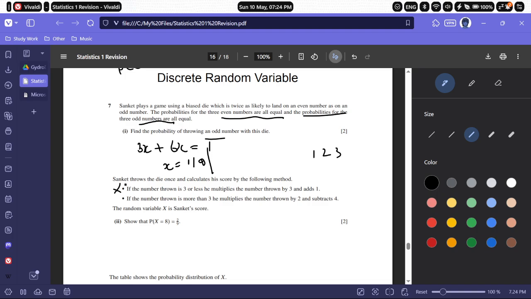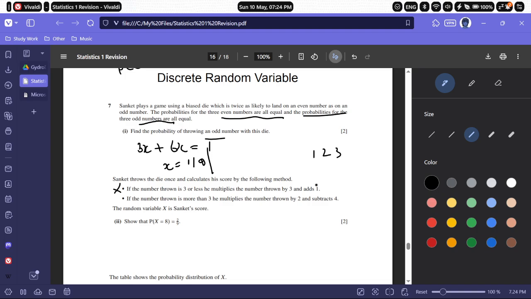Now, if the number thrown is more than 3, he multiplies the number thrown by 2 and then adds 4. So let's say you did the opposite. If you subtracted 4 from 8, that would be 4, and he multiplies the number thrown by 2, so 4 is equal to 2y, for example.